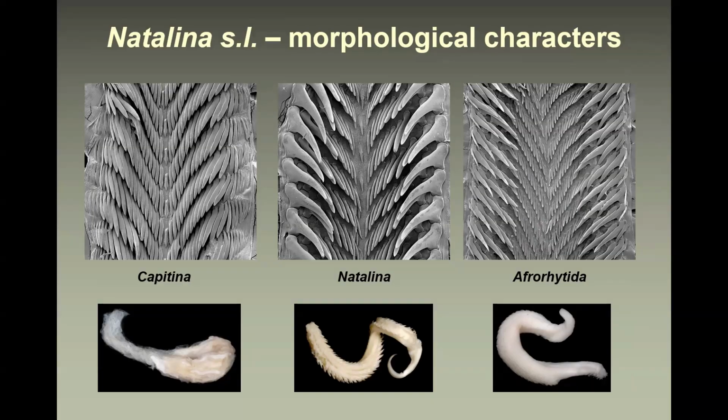Here the teeth are very, very much larger at the edge of the radula, and in this one the teeth get larger towards the edge and then smaller. So the largest teeth are some distance in from the edge of the radula. And there are also differences in the structures of the spermatophores. Little tadpole-shaped ones here, spiky ones here, and smooth, velvety ones in Afrorhytida.